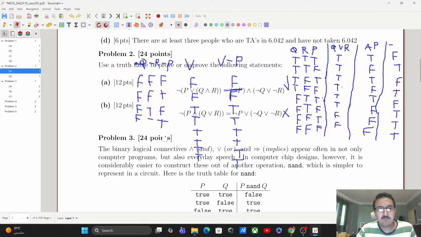We got problem 3, these I think problem 3.